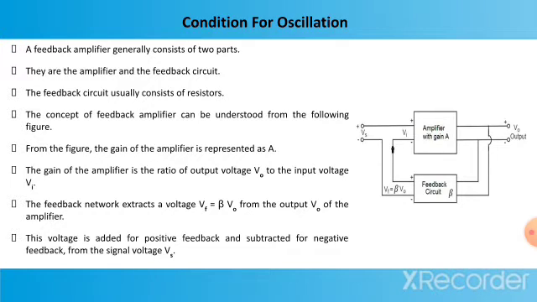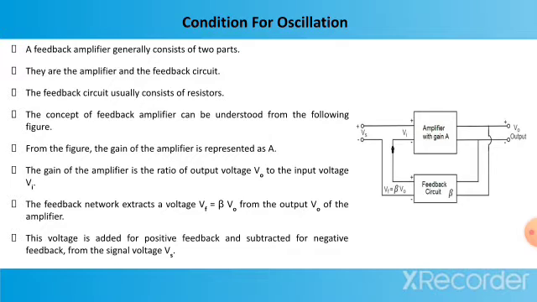From the figure, the gain of the amplifier is represented as A, and the gain of the amplifier is the ratio of output voltage to the input voltage, that is V0 upon Vs. The feedback network extracts a voltage, the feedback voltage Vf, which is given by beta V0 from the output V0 of the amplifier.